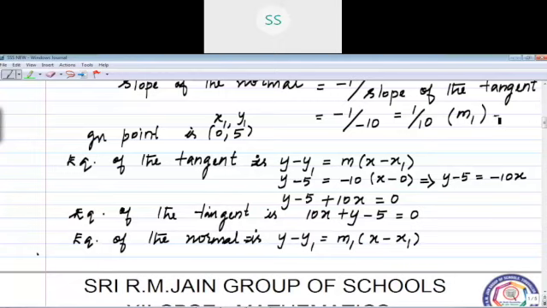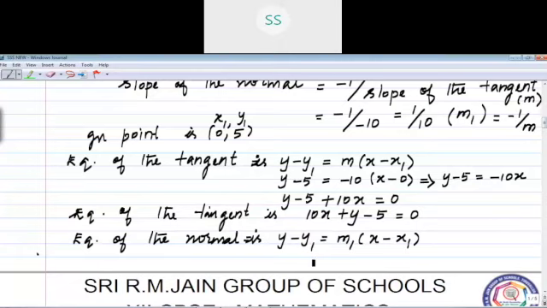M1 is nothing but minus 1 by m. Slope of the tangent you represent by m. For your understanding purpose, I am doing all these things, right?